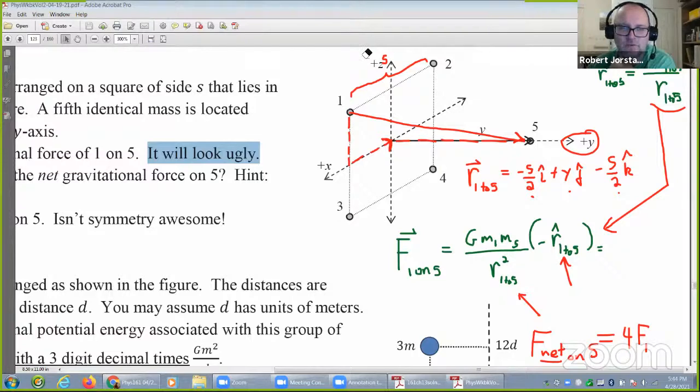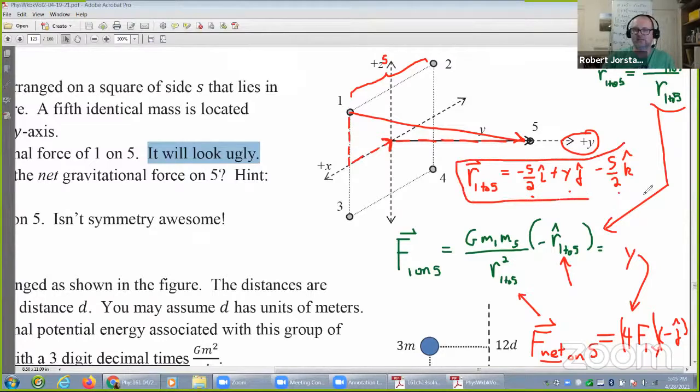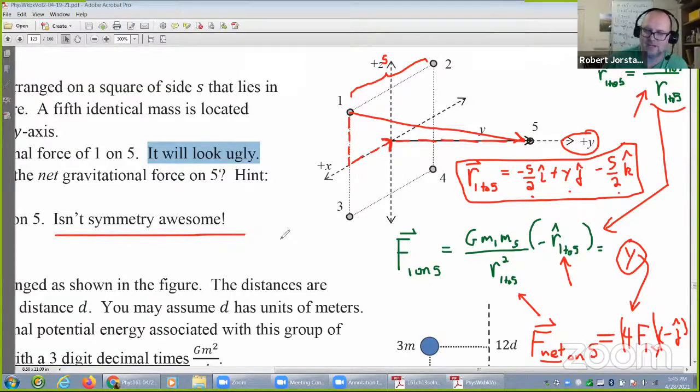Again, in this particular coordinate system, depending on whether or not you take the absolute value, the idea is you just get the y component from here, multiply it by 4, and you've got yourself the net force. Even though this looks like it's going to take all day, the key is correctly writing the r vector, computing this correctly, and then snagging the correct component by symmetry, multiplying by 4. Isn't symmetry awesome? Isn't that cool?